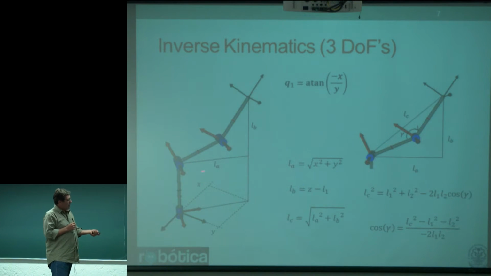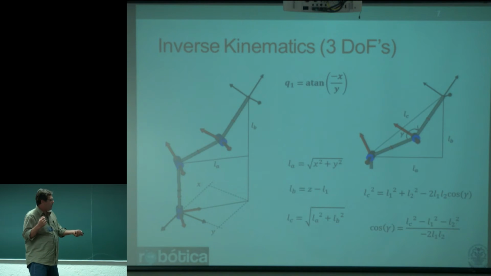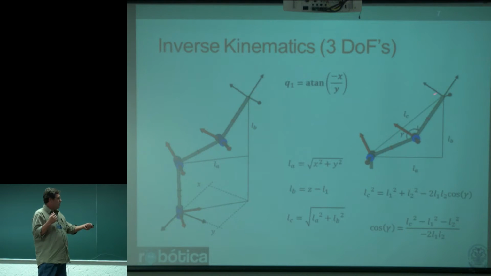Having this LA and LB, we have this 2 degrees of freedom problem, and then we can compute LC, which is the square root of the sum of the squares of each side, and then we have the cosine law from which we can compute this angle. This cosine law applies to this non-right triangle, to this one.